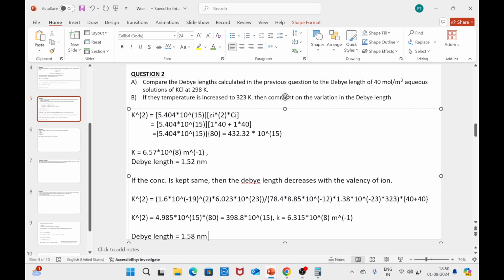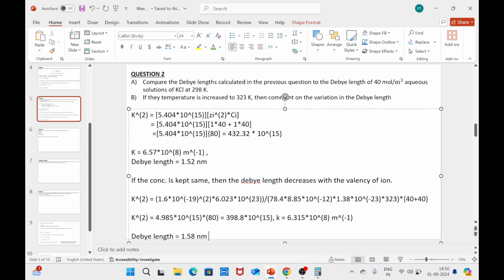From the human, macroscopic point of view, 1.52 and 1.58 is not a considerable difference. But when you go to the molecular level, this is a huge difference, and this is in trend with what we expected previously.